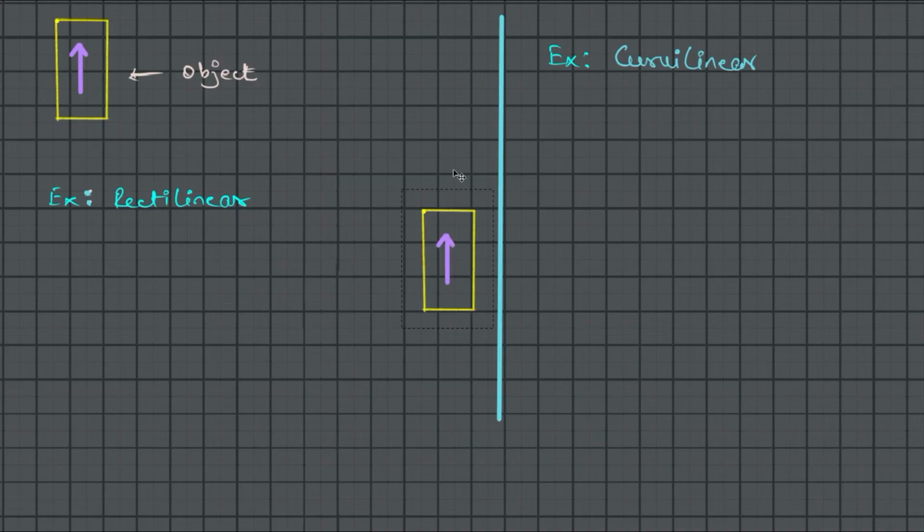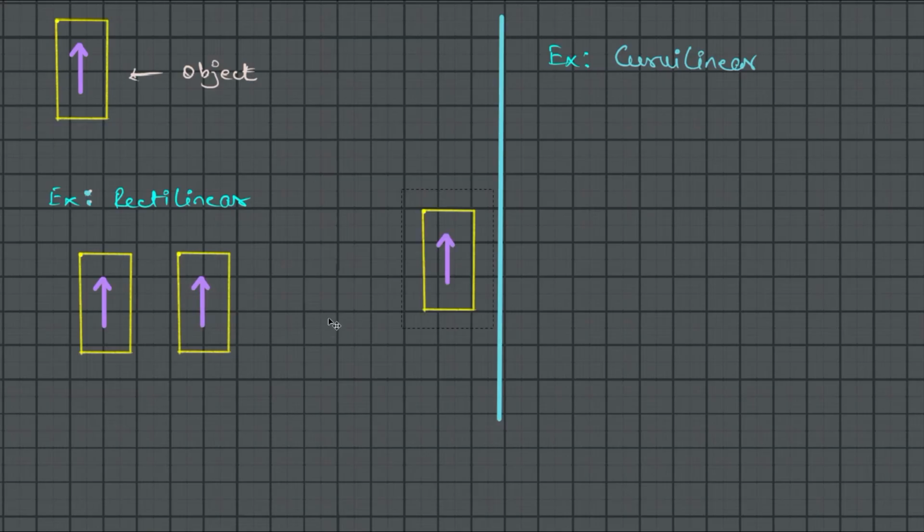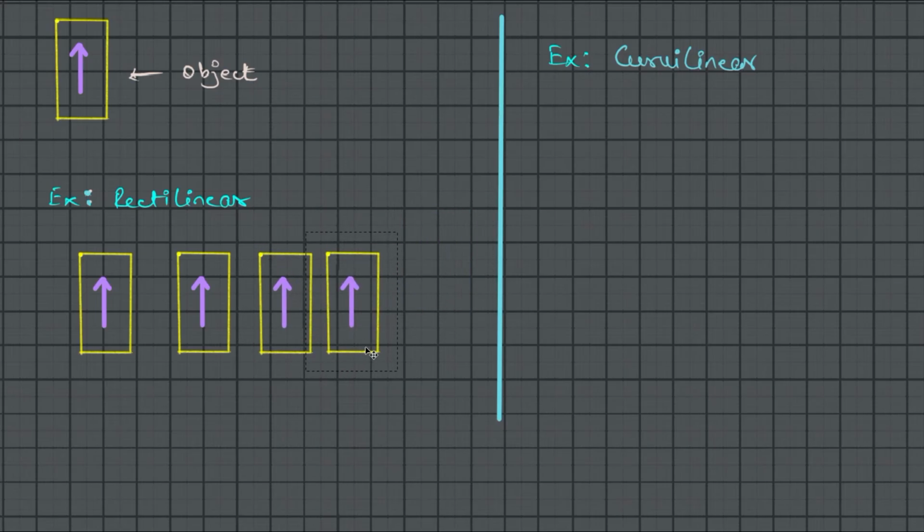Now, if I have an object over here and it starts moving, say it moves in this manner. Okay, so it moves in this manner. This is said to be rectilinear.